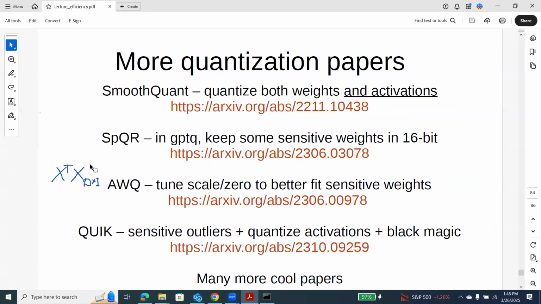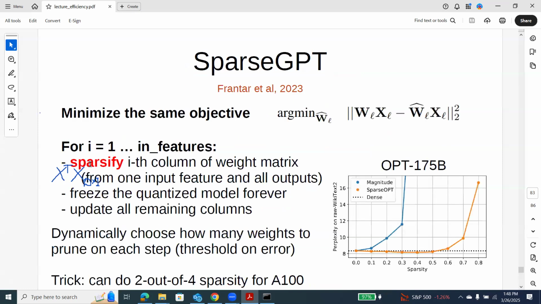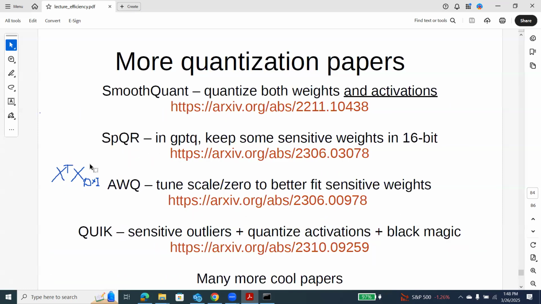And many other algorithms, which, if I remember, AWQ, for example, also quantizes the activations, because in GPTQ, we don't quantize biases and activations.